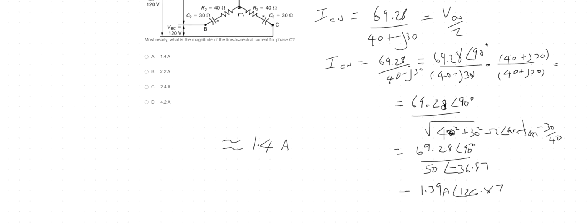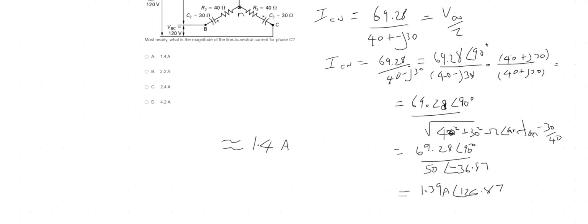We're gonna do more power problems, huh? See, arctan of Q over P. Yeah, this is P. Remember it's P plus jQ. So what was 40?